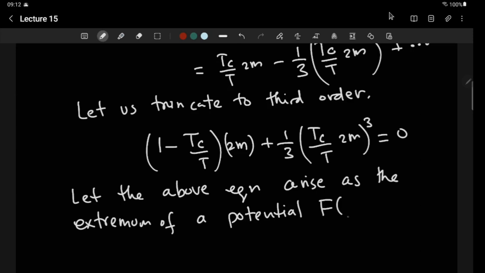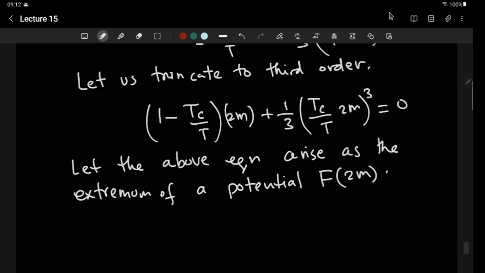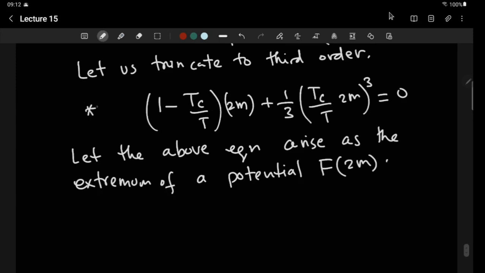I'll call it f of 2m. So let's call this star. So df by d of 2m, or m, equal to 0 implies star.